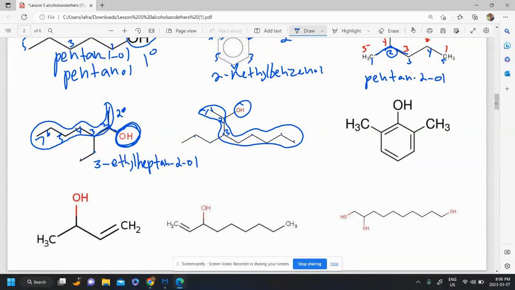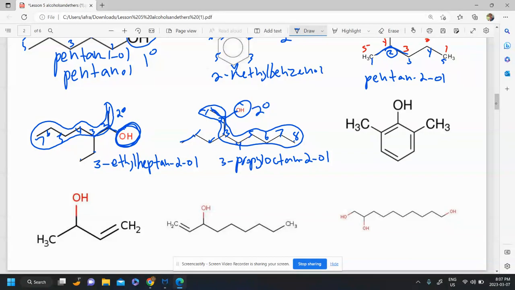On carbon number 3, we have a propyl. So 3-propyl, and then it's 8, so octan-2-ol. And this would be a secondary alcohol.